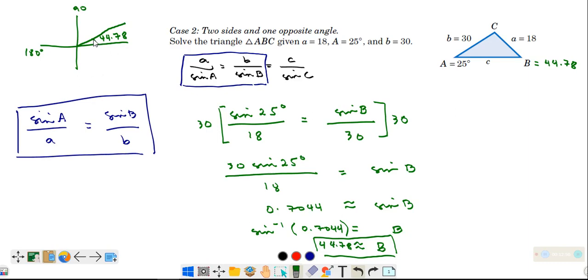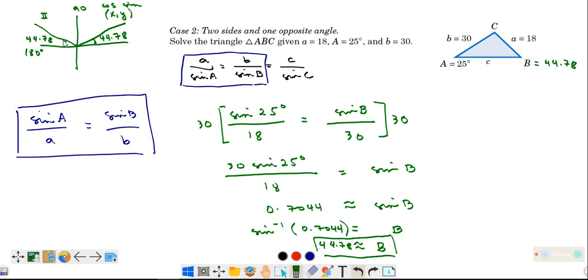Yung trigonometric function value nito is in xy or cosine, sine. But since ang ating sine ay laging positive, yung kanyang angle on the second quadrant, which has the same reference angle as 44.78, ay may parehas na value ng sine B.